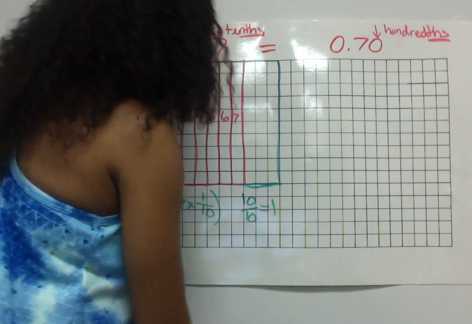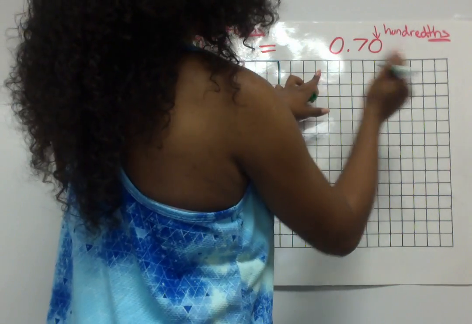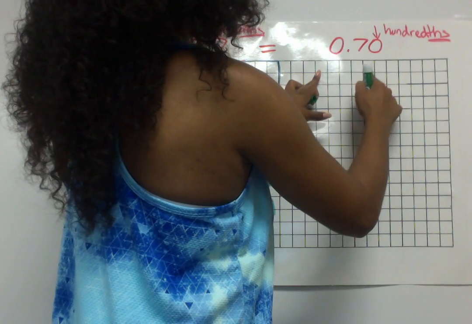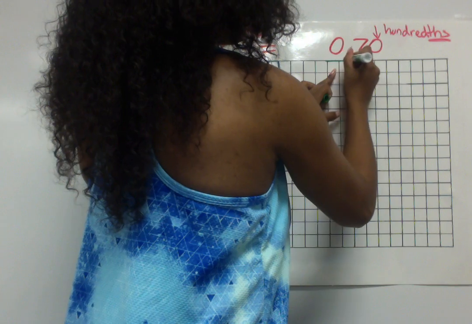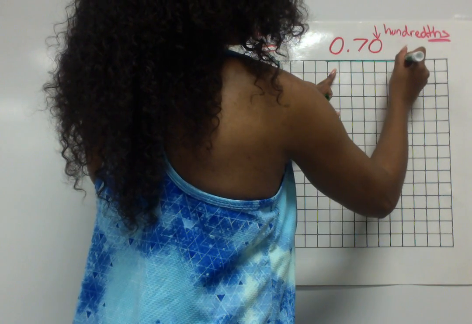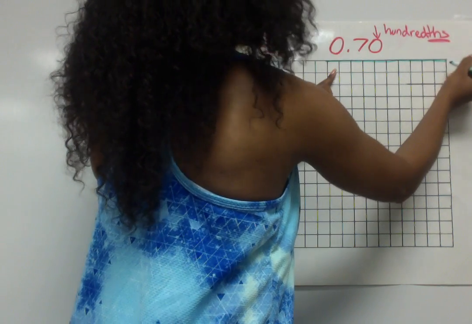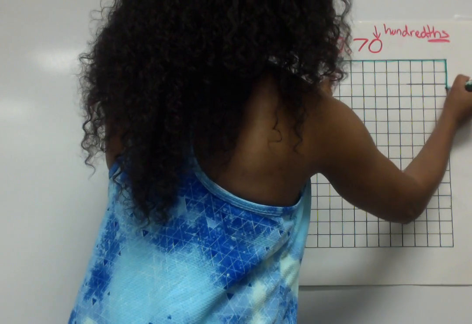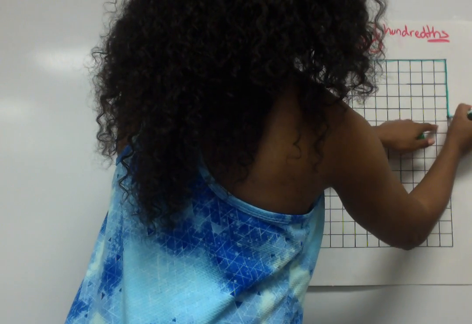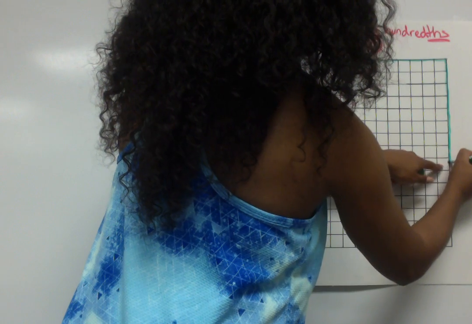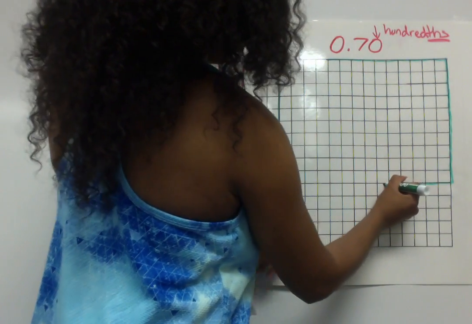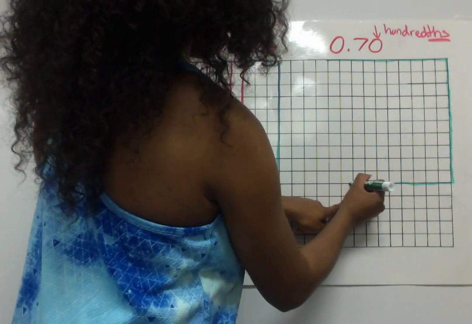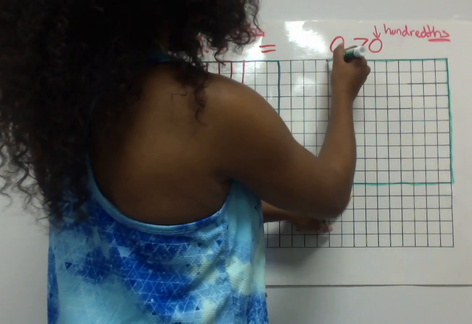So let me draw it out. Over here. 1, 2, 3, 4, 5, 6, 7, 8, 9, 10. 1, 2, 3, 4, 5, 6, 7. Down. 1, 2, 3, 4, 5, 6, 7, 8, 9, 10. Come on over. Got that?